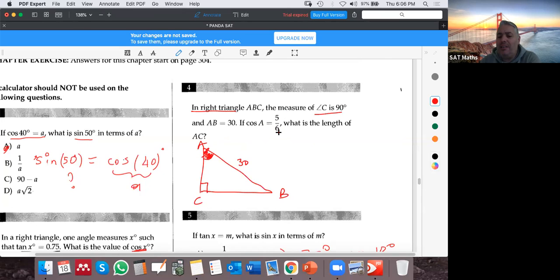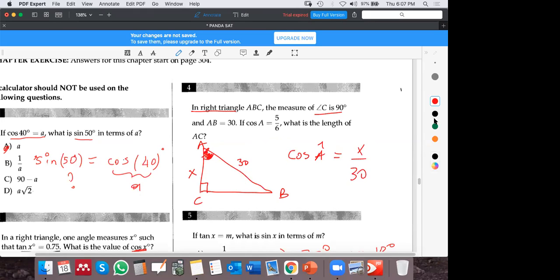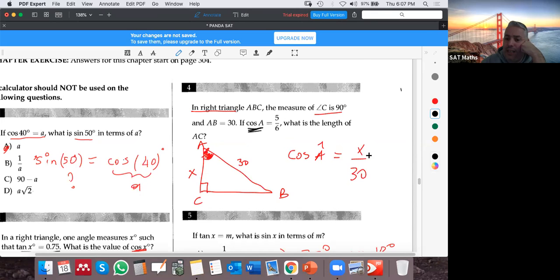Oh my God, look at now. If I call this X, cosine of A is X over 30 using this figure. Is it correct? Yes. So in the question, cosine of A is given as 5 over 6.